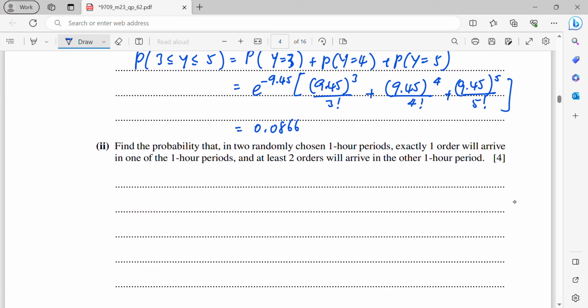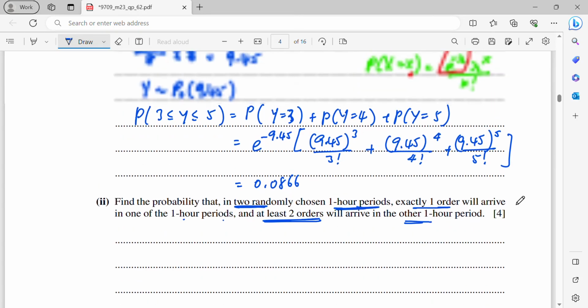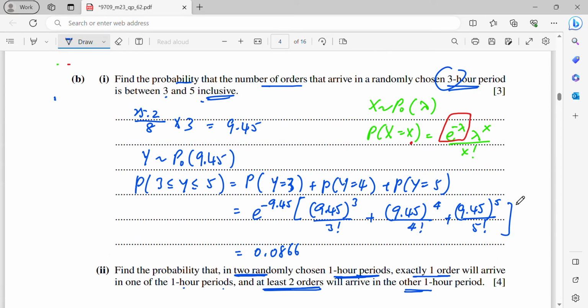Now the second part: find the probability that in 2 randomly chosen 1-hour periods, exactly 1 order will arrive in one of the 1-hour periods, and at least 2 orders will arrive in another 1-hour period. Okay, so now I have to find the mean number of orders arriving in 1 hour.